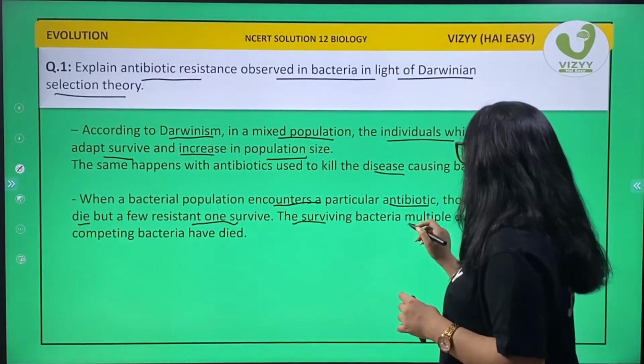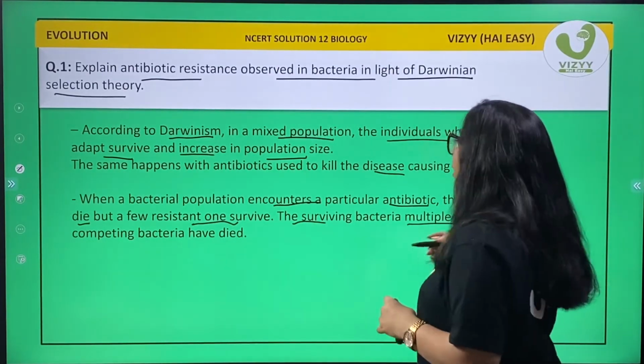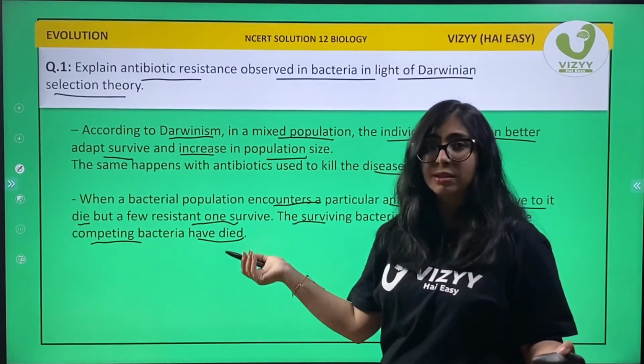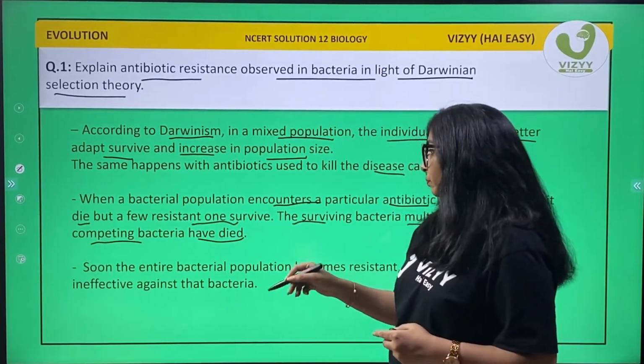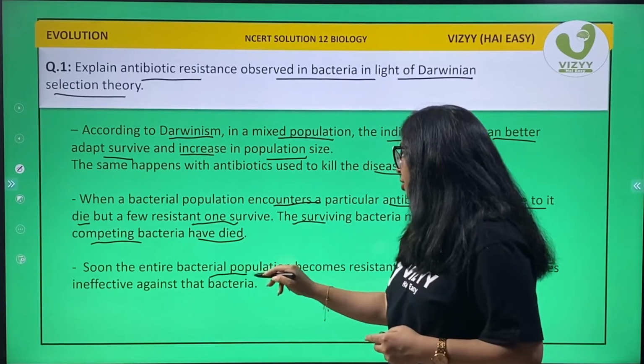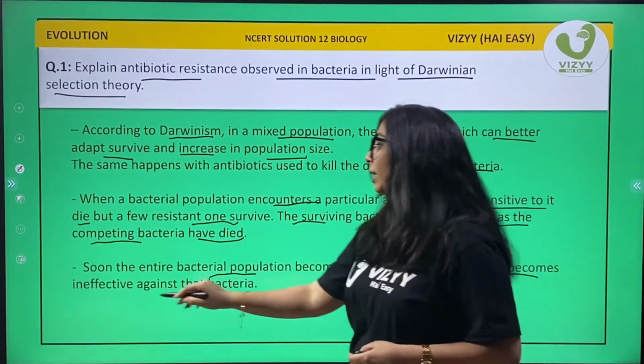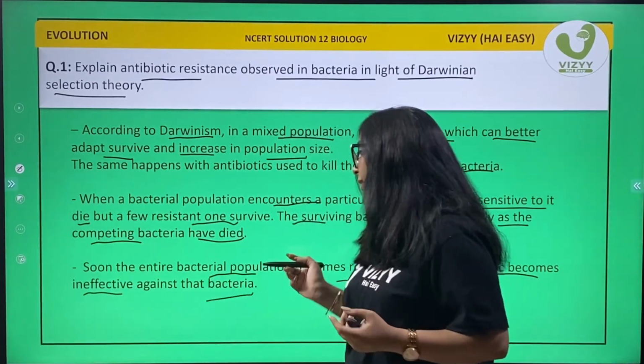The surviving bacteria multiply quickly as the competing bacteria have died, and thus the entire population becomes resistant and the antibiotic becomes ineffective against the disease.